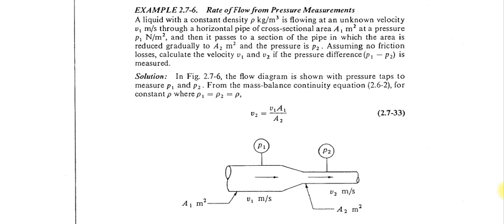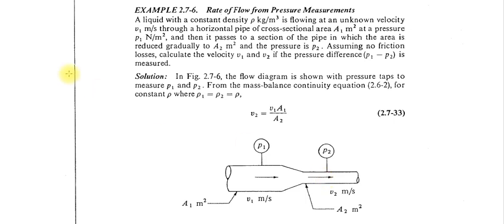So suppose you have to calculate what is the value of V2 when you change the diameter of the pipe. This happens in terms of pressure, so this equation is used when you are using the Venturi meter or the orifice meter. When you use the Venturi meter and orifice meter, you basically change the diameter of the pipe and you calculate the velocity in terms of pressure. So we will develop that.